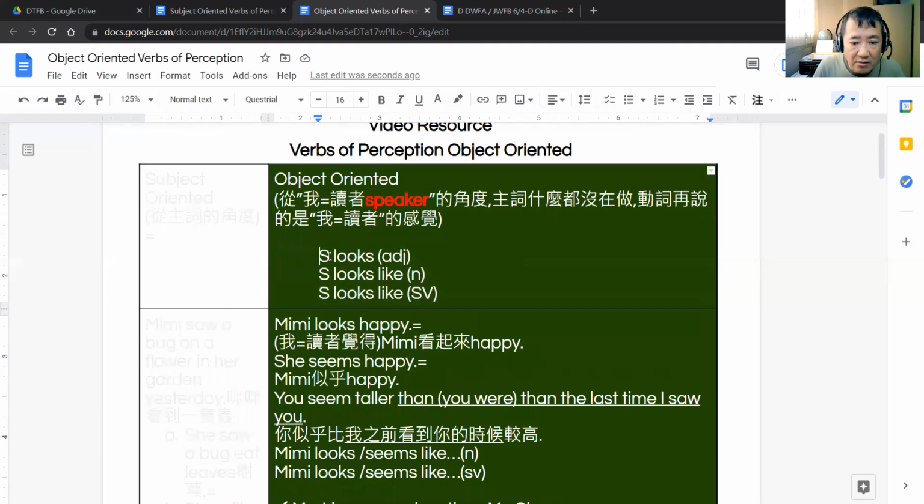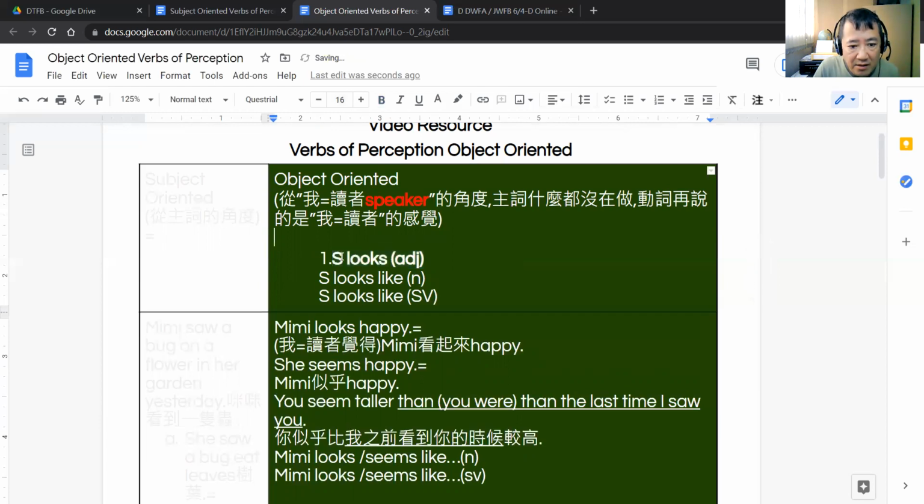So the structure is going to be one of three that we are going to talk about, okay? The first one being subject, whoever the subject is, and then the verb of perception, and then followed by some adjective, okay?